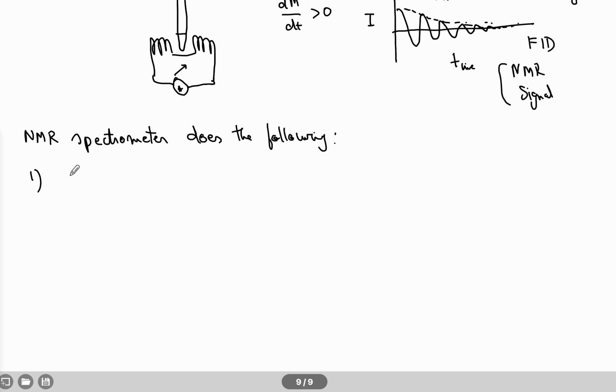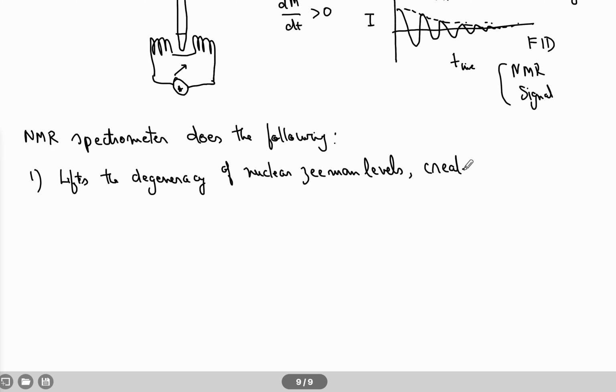So first, it lifts the degeneracy of nuclear Zeeman levels and creates bulk magnetization, bulk magnetic moment, we can say, M, right?